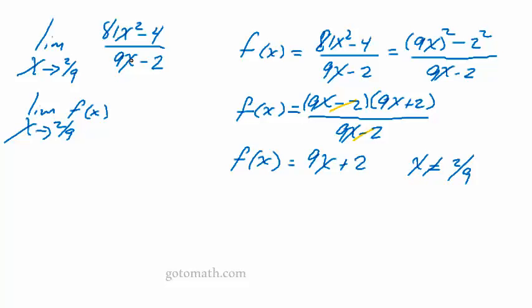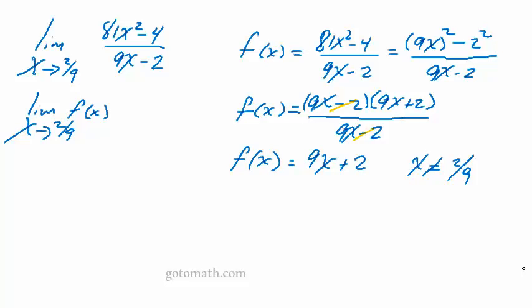Okay, x cannot be equal to 2/9. Well, then we can say that this f and this f are actually the same, as long as they have the same domains. These have the same domains, and therefore they're equal.